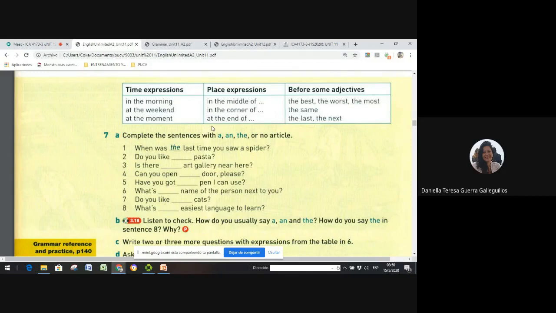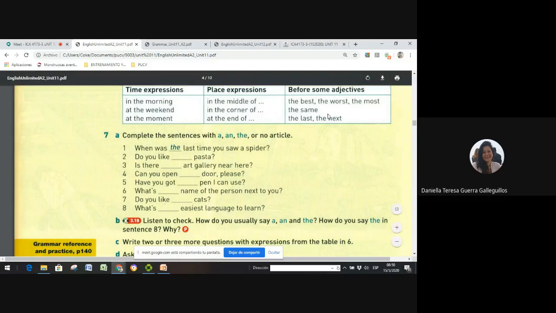In the corner of. Al final, at the end of the story, at the end. We said that we use the for the superlatives, the best, the worst, the most. Also, when we say the same, on the last weekend, the next weekend, or whatever.